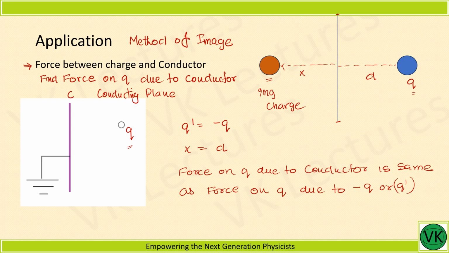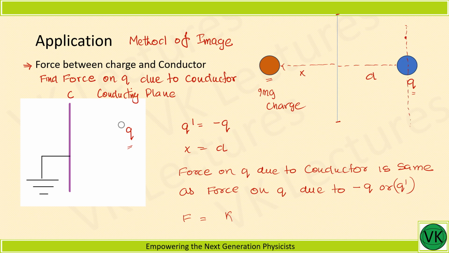So now we can find the force using Coulomb's law. K q, q is minus, so let's draw one line on the charge on which we are going to find the force.